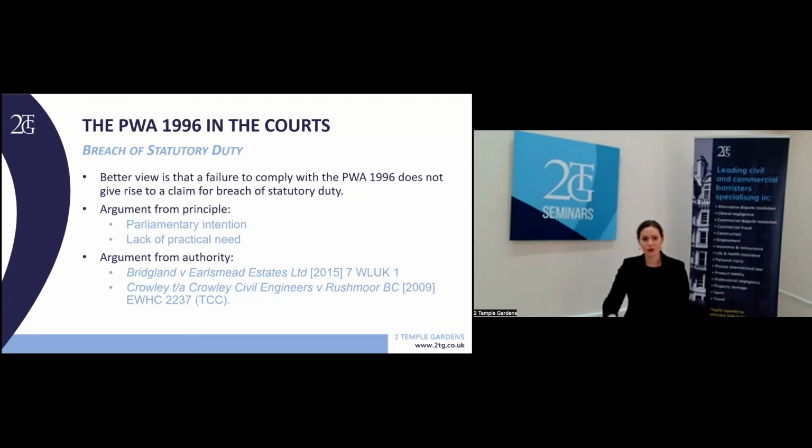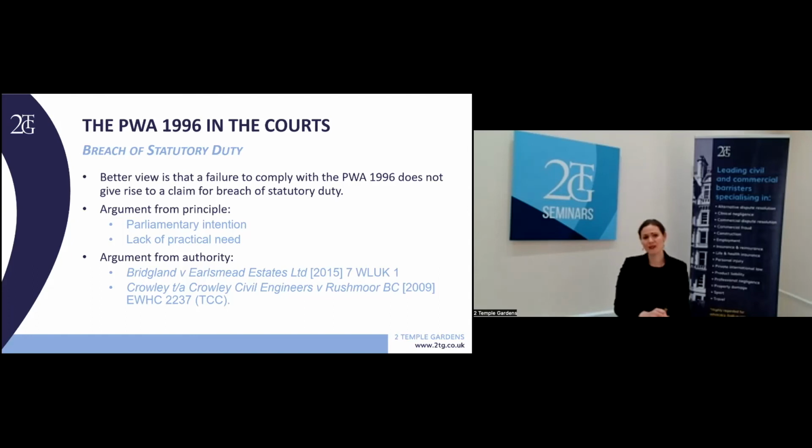Another area of contention regarding the relationship between the Act and the courts is whether an aggrieved adjoining owner who feels that their neighbour has failed to follow the statutory procedures can claim for breach of statutory duty. Unfortunately, a clear picture doesn't emerge from the authorities, and the people that have strong opinions about the Party Walls Act, like me, are divided on this issue.